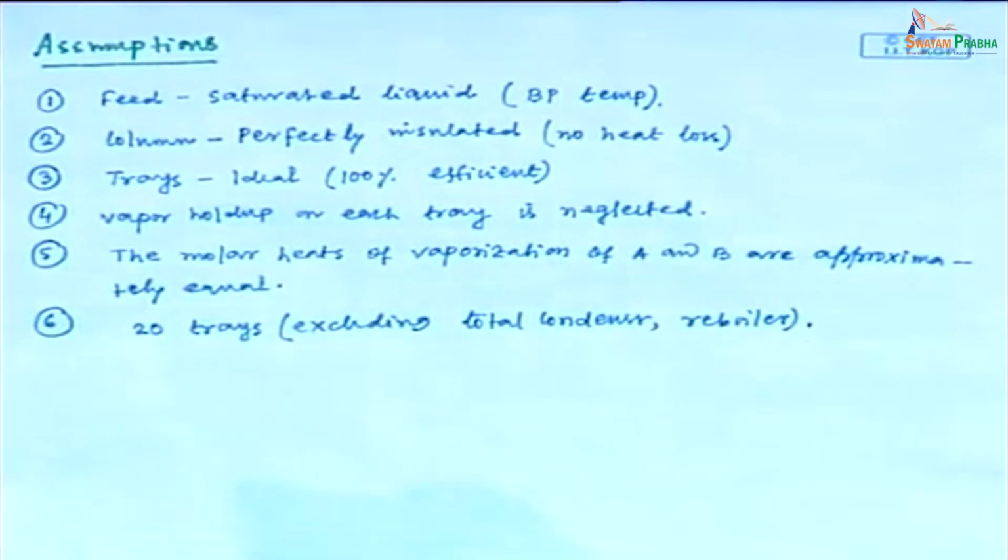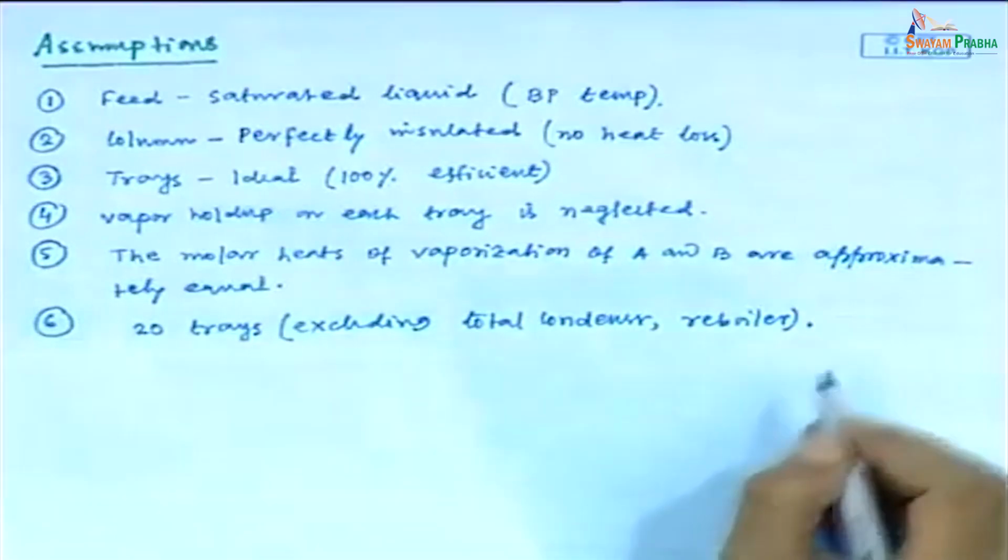Although this is not an assumption, it is basically the configuration of the process, but anyway we have included it under assumptions. We have considered n to represent the top stage. Basically n is 20 here.